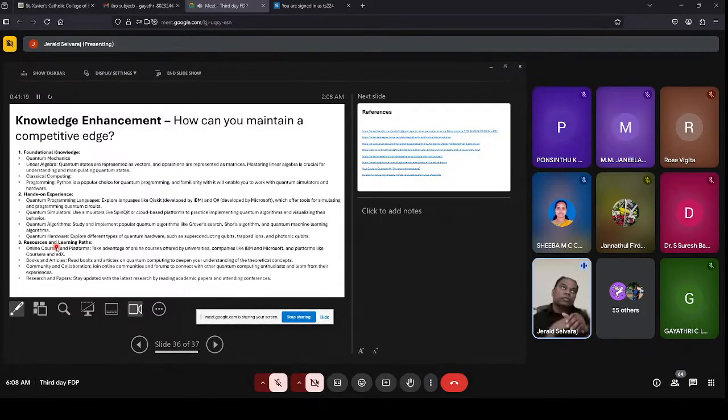But all this information is good, and you need to keep enhancing your knowledge to grab that opportunity. How can you do that? There are three things you need to focus on. The first one is foundation knowledge.